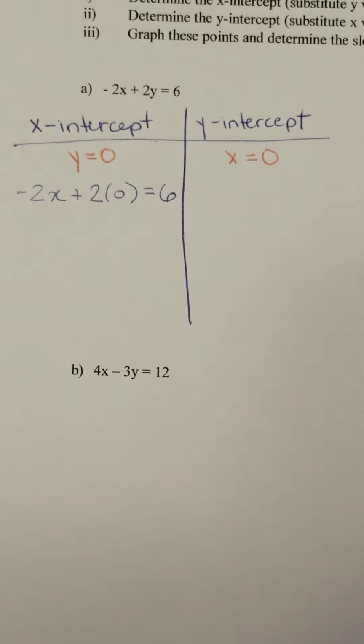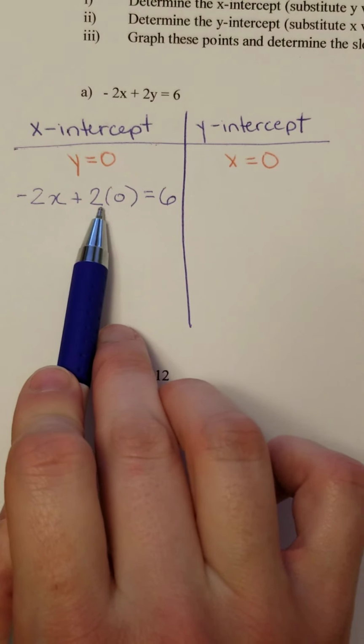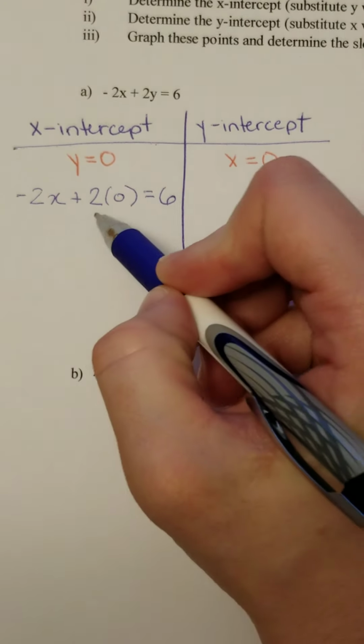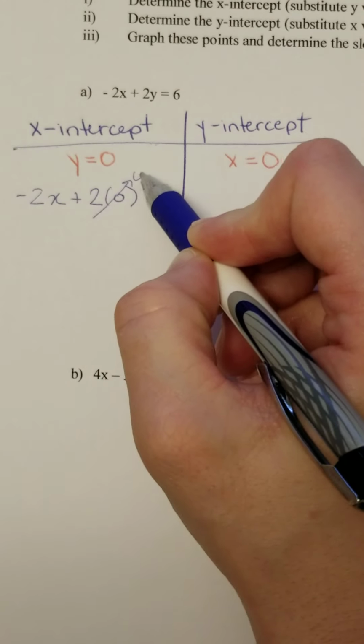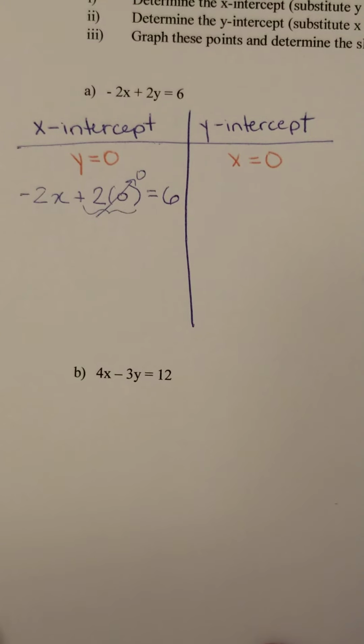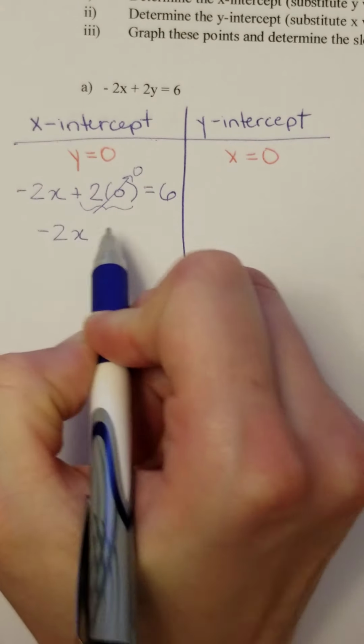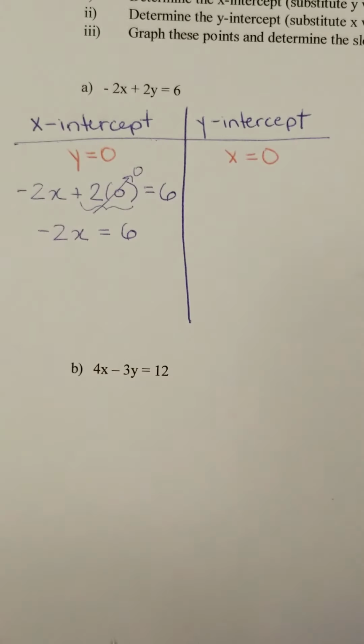Recopy the rest of the equation. Now, we should know that anything times 0 is just 0. So this whole term goes to 0. It's like it doesn't exist anymore. So all we have is negative 2x on the left-hand side and only 6 on the right-hand side.